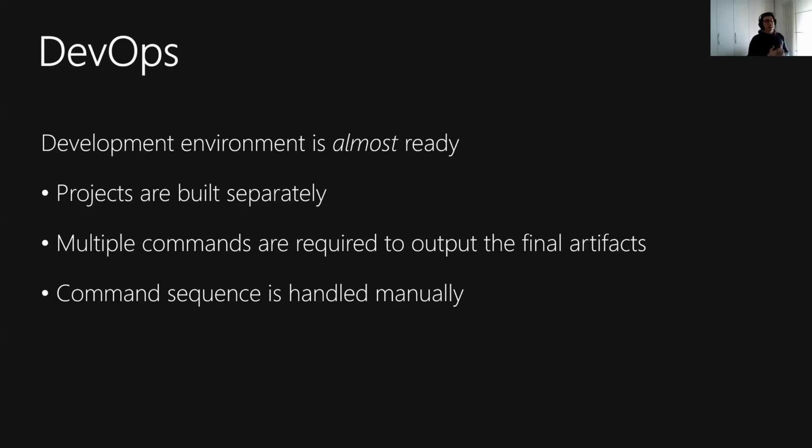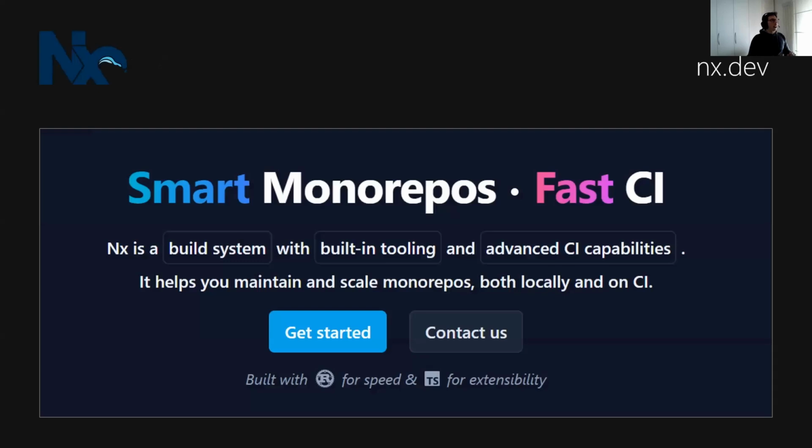So there is definitely an optimal way to do it using a proper tool. And that tool is NX. So NX is a build system that is specifically focused on mono repositories, and it can handle mono repositories of any size with any sort of technology.